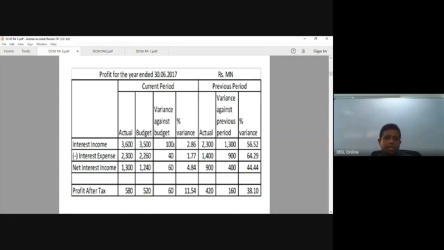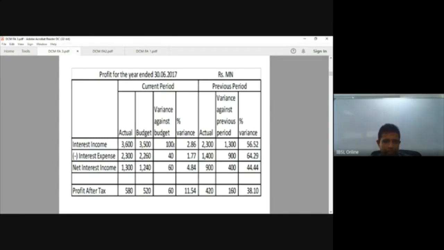Under current period, they have compared the actual figure with the budget and taken the variance against budget and the percentage of that. And in the previous year columns, current year actual was compared with the previous year actual, and they took the variance and the percentage. Right, one by one we can discuss.